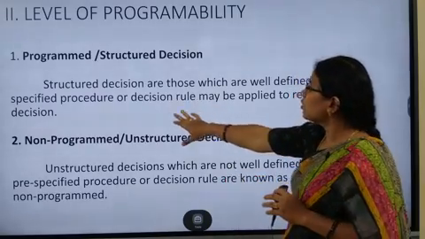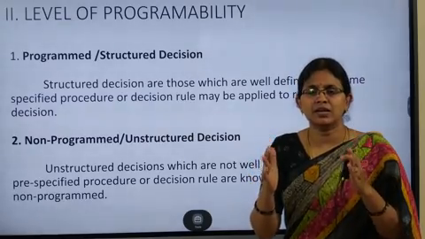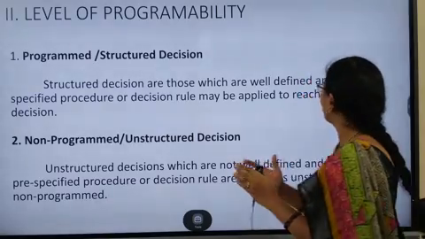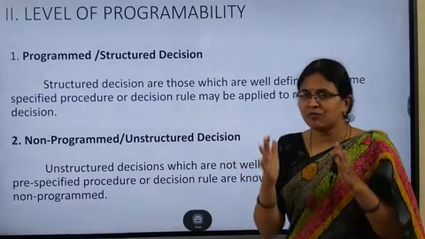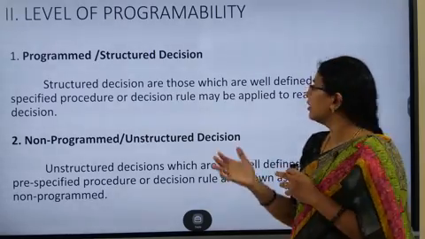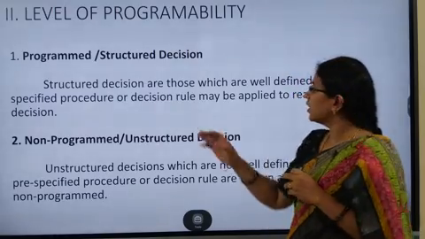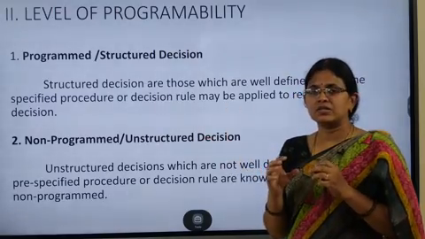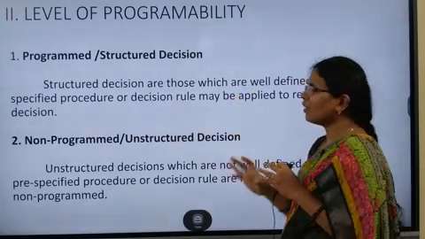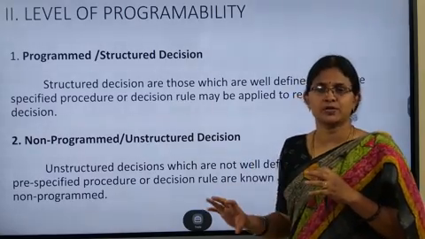Okay, so normally structured decisions, as the name itself indicates, are well defined, and a specific procedure or process is followed before you come to a decision. The decisions taken under this category are well defined and are taken based on a process or procedure.